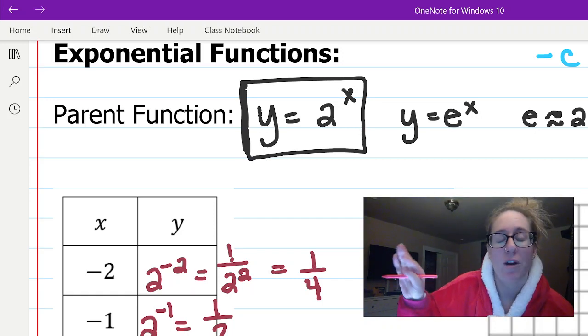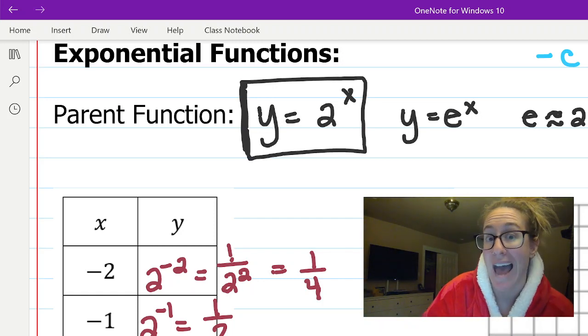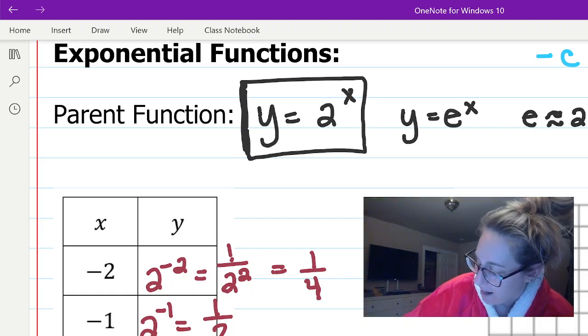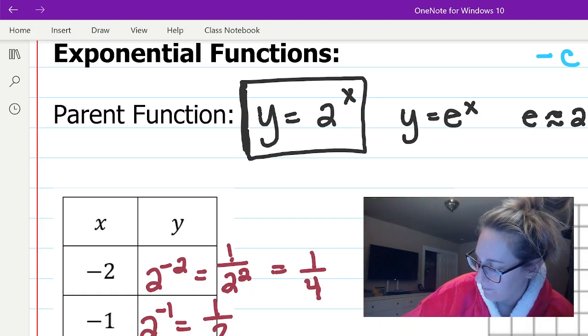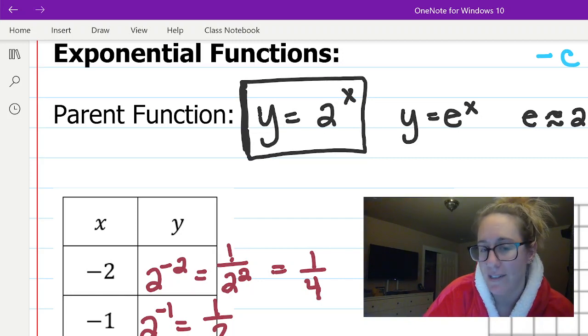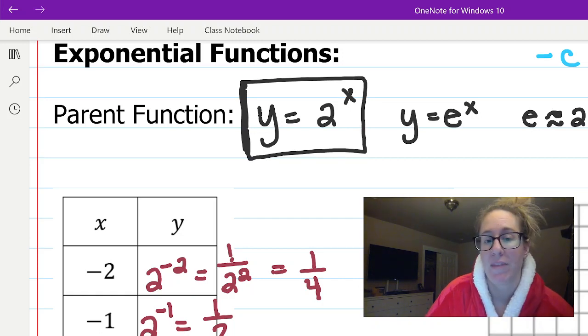Because we are flatlining at 0, we have an asymptote right there at y equals 0. We're going to get really close to 0, but it's impossible to actually get a value of 0. So that's an asymptote.